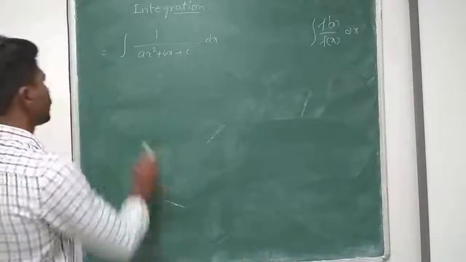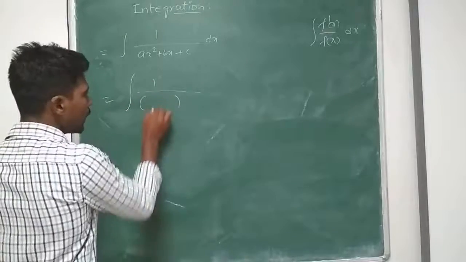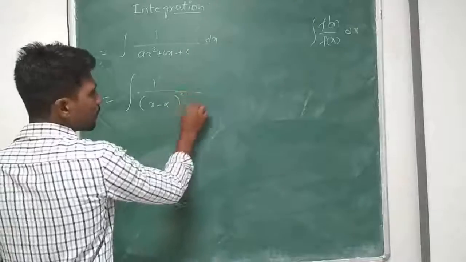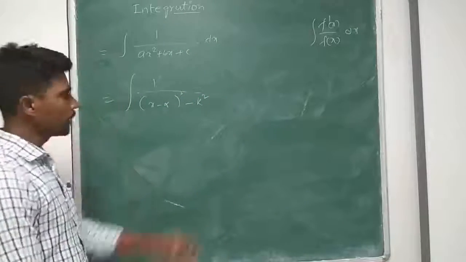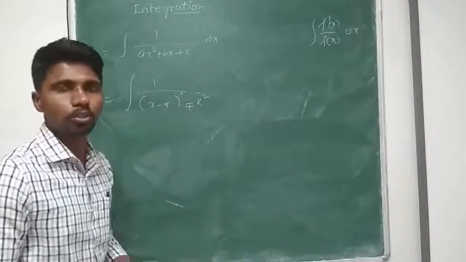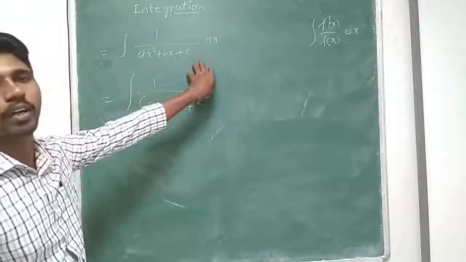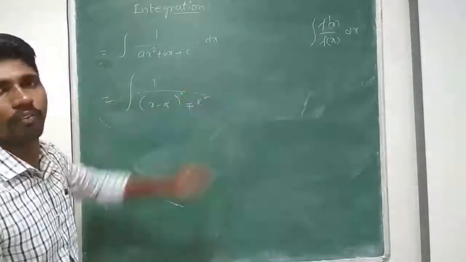Convert to the form 1 by (x minus alpha) whole square minus k square. It can be minus k square or plus k square. It depends on the constant we get.